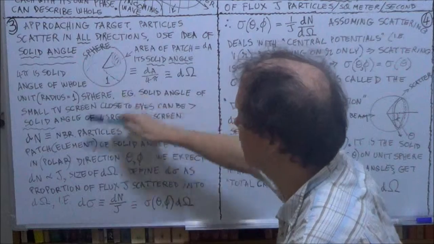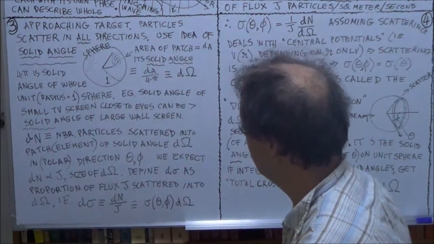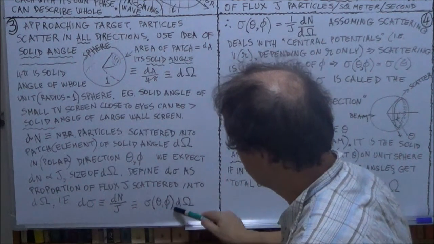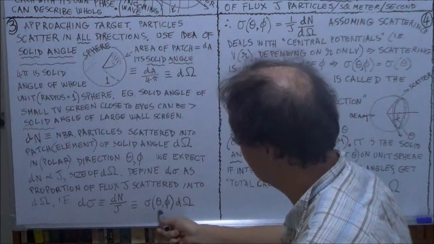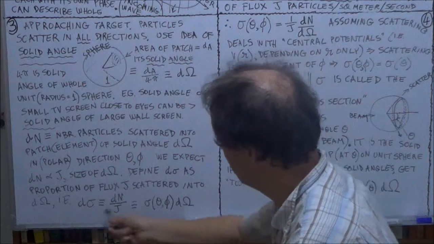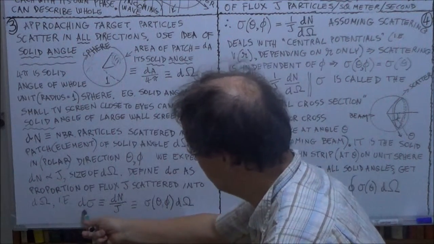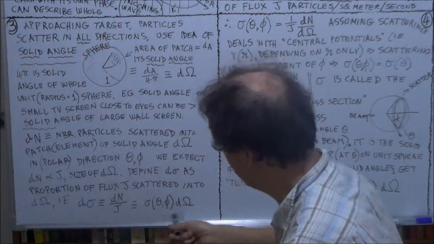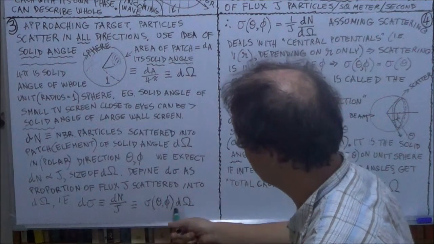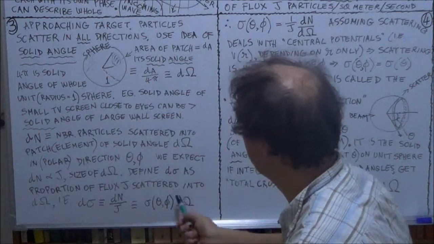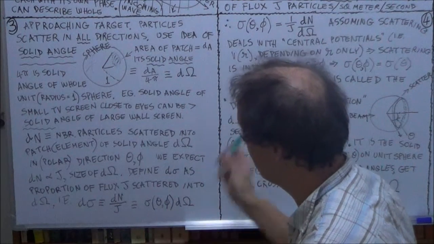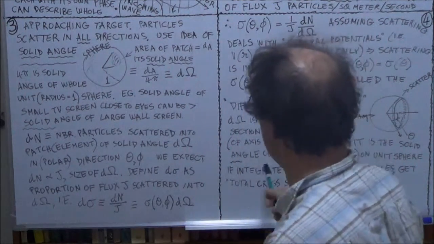We needed the concept of the solid angle, and now we're starting to talk about a cross section. In fact, this constant of proportionality between these two variables is called the differential cross section. Now, why that is, I can now talk on the second part.